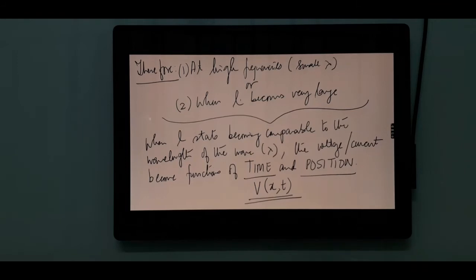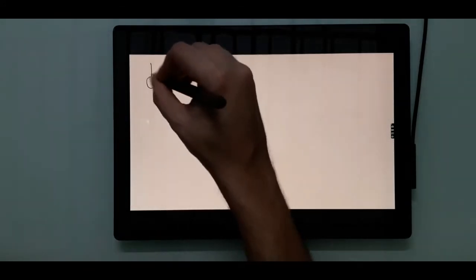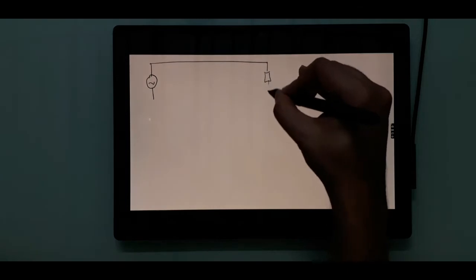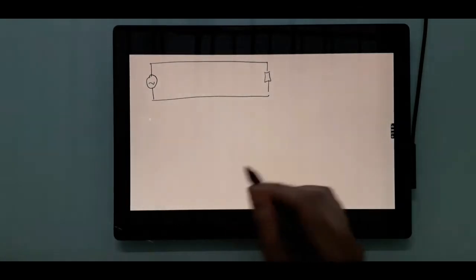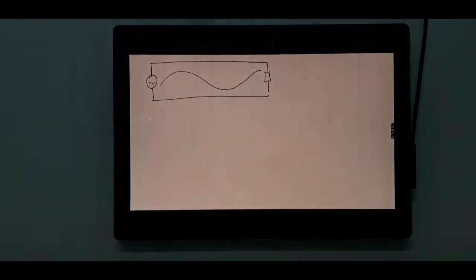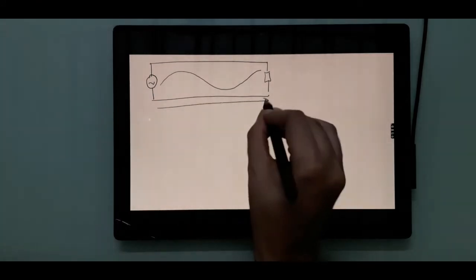Now, let us try to analyze this a little bit. Let's again have this source load configuration and say that a wave is flowing which is comparable to the wavelength. This is positive x-axis.